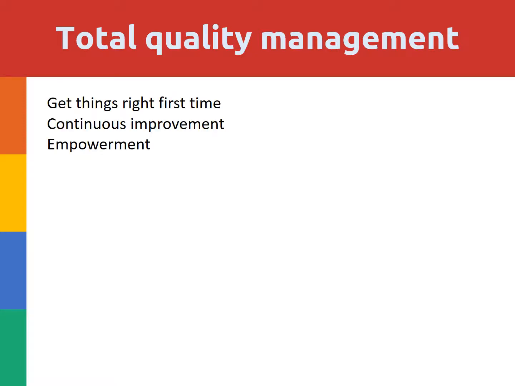Some of the principles of TQM include getting things right first time, and so avoiding waste, continuous improvement, empowerment, and involvement of all staff. Techniques used in the achievement of TQM include Six Sigma, quality circles, and Kaizen.